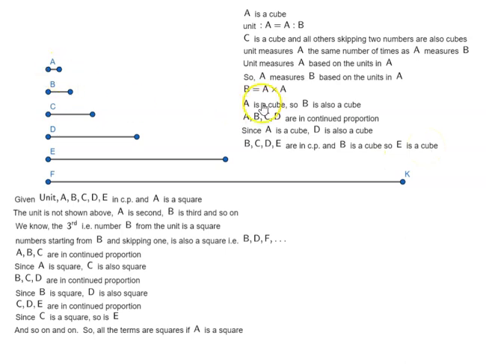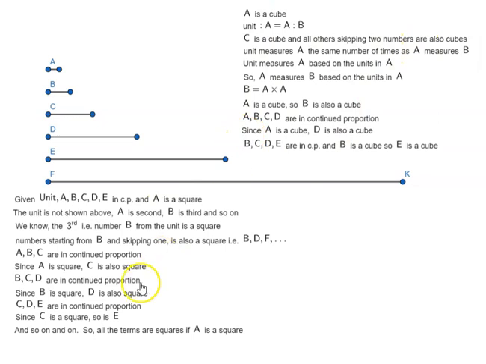So A is a cube, B is a cube, D is also a cube, E is also a cube, and C is a cube, and all others skipping two numbers are also cubes. So F is also a cube.